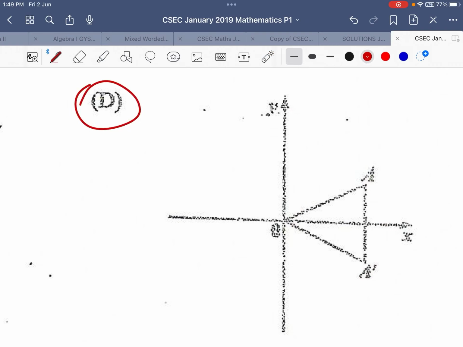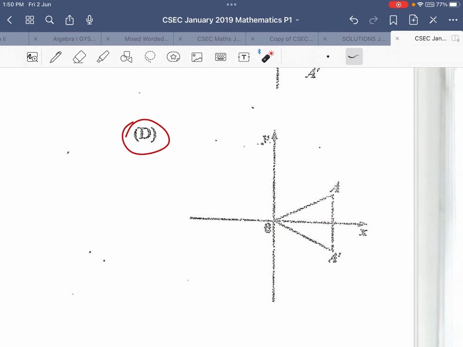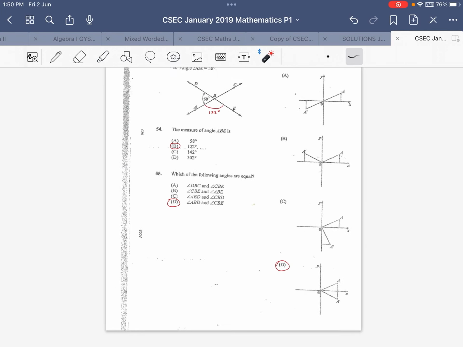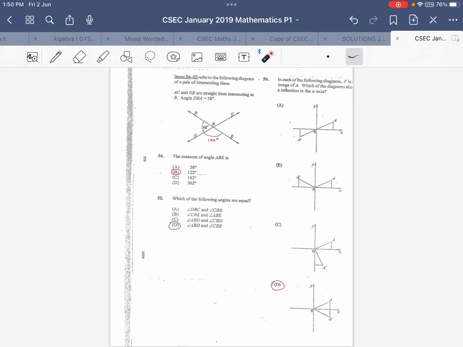Reflecting along the x-axis, it's like your x-axis is now your mirror line. And this is what it would look like, because we can fold this shape over the mirror line and it would line up completely with this shape. It would completely overlap and there are no extra pieces, when we fold across the mirror line.